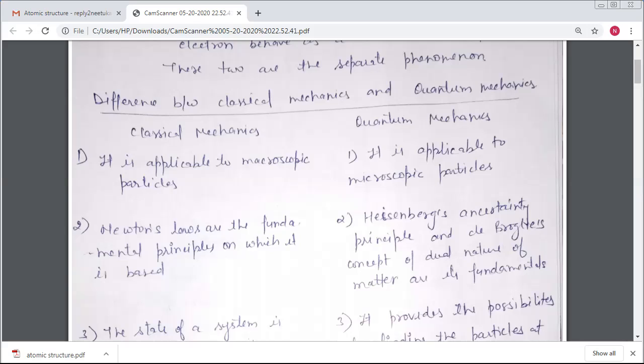Then in the classical mechanics, Newton's laws are the fundamental principle on which it is based, and in quantum mechanics, the Heisenberg uncertainty principle and de Broglie's concept of the dual nature of matter are the fundamentals.